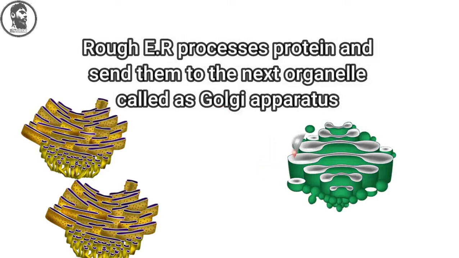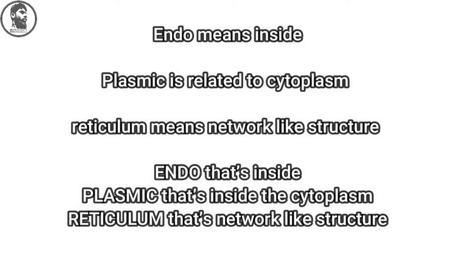Now, for extra information, I would like to say why it is called endoplasmic reticulum. Because endo means inside, plasmic is related to cytoplasm, that is a jelly-like material in the cell, and reticulum means network-like structure like a spider web.